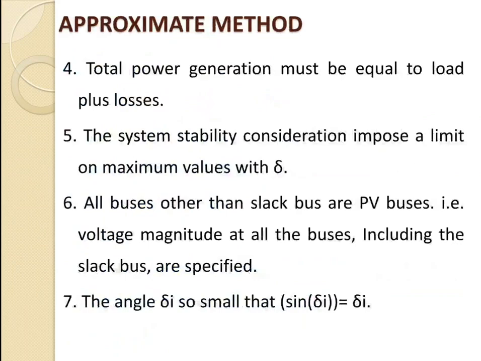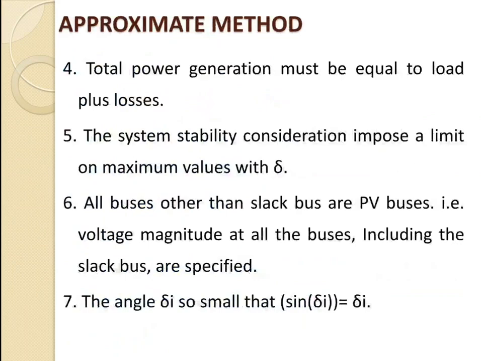Fifth, system stability consideration imposes a limit on the maximum value of delta. Sixth, all the buses other than the slack bus are PV buses, that is, the voltage magnitude at all the buses including the slack bus is specified. And last, the angle delta i is so small that we assume sin delta i is equal to delta i.